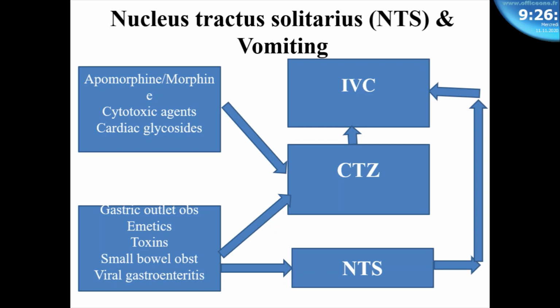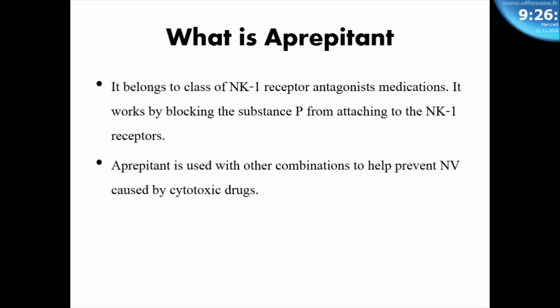Friends, before going to aprepitant, you have to remember that nucleus tractus solitarius is a nucleus found in the medulla near chemoreceptor trigger zone to relay sensory impulses directly to integrative vomiting center without stimulation of chemoreceptor trigger zone. It holds some receptors that enable it to induce vomiting.